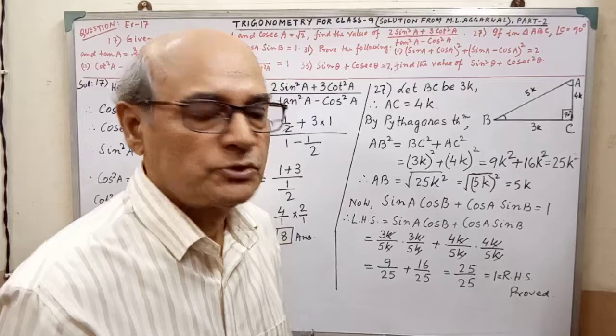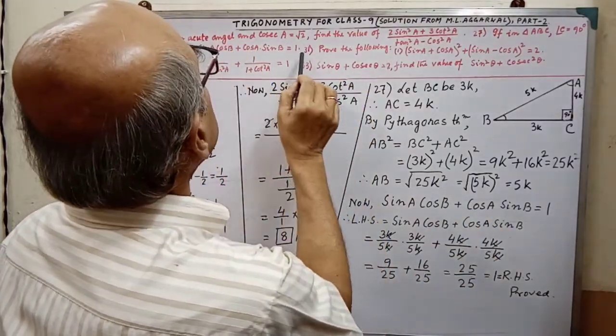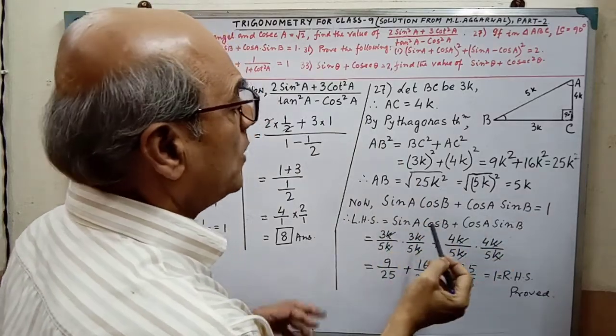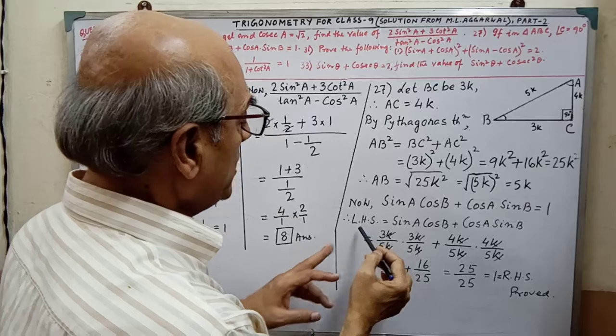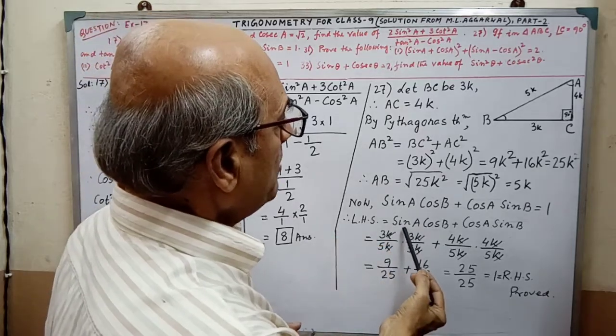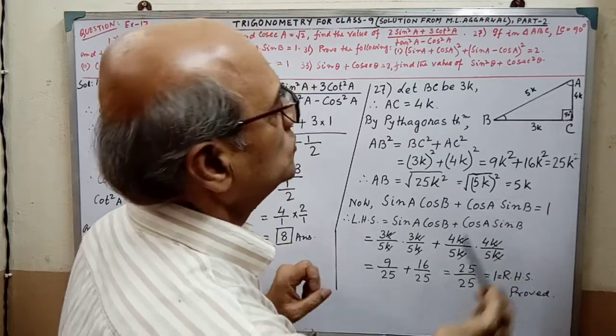After that we have to put the values in the expression. After writing the expression given in the question, we have to prove it. So consider the left hand side, LHS equals the expression. After writing it, we put in the values.